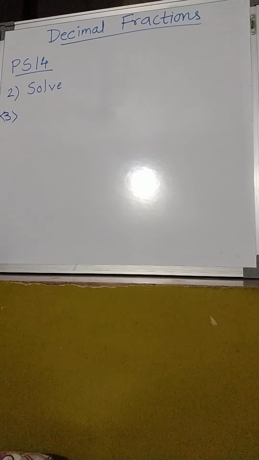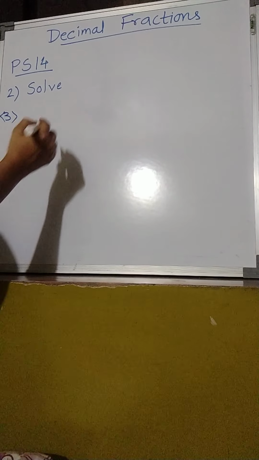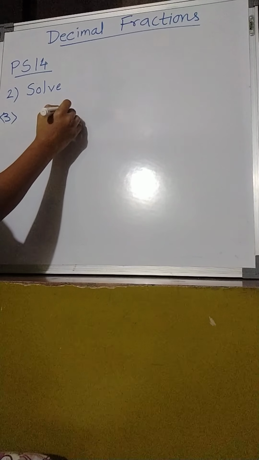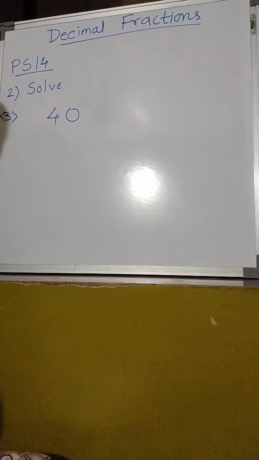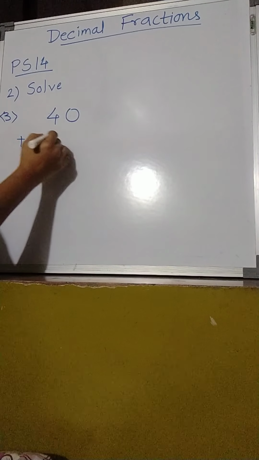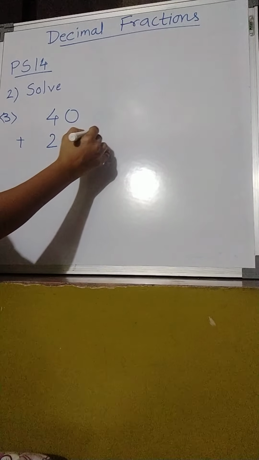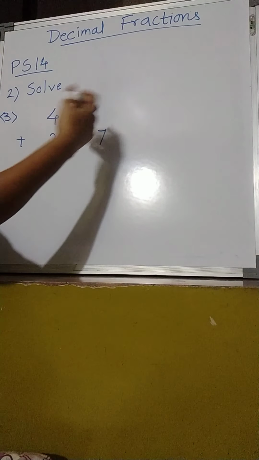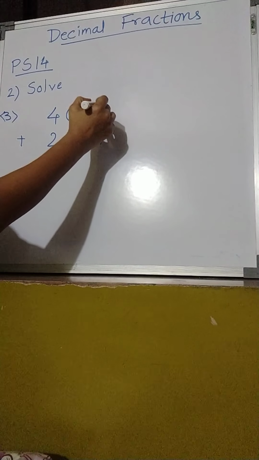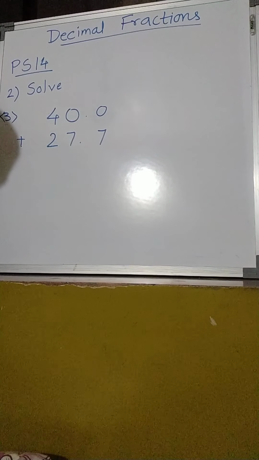Let's take the third one. Third one is 40, there is no decimal number there, then plus 27.7. See, when there is no decimal number, then you put point and 0 there.